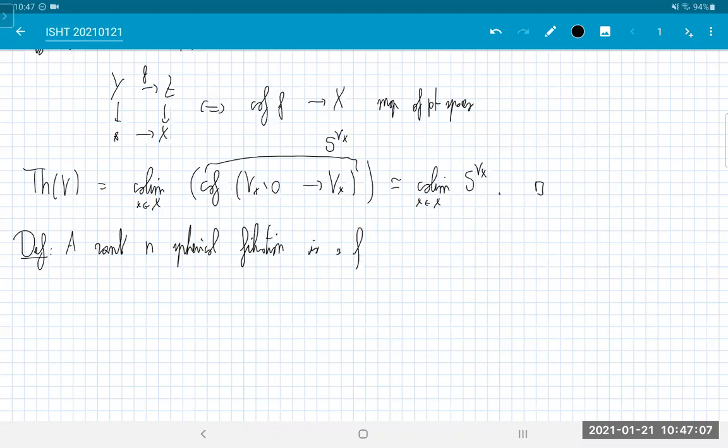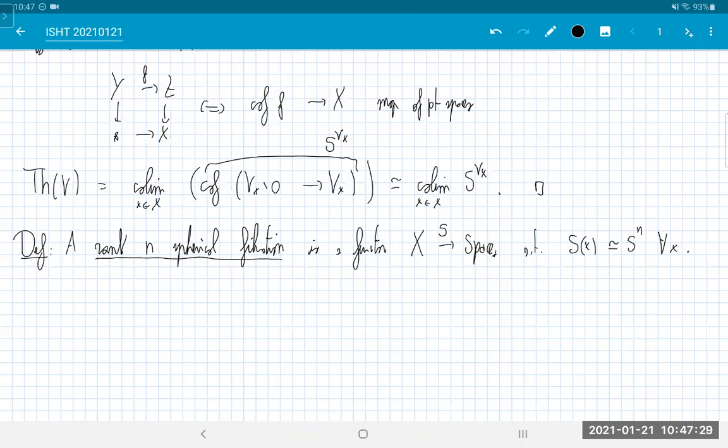It is a functor from X to pointed spaces, let me call it S, such that S of x is equivalent to S^n for every x, non-canonically, of course.